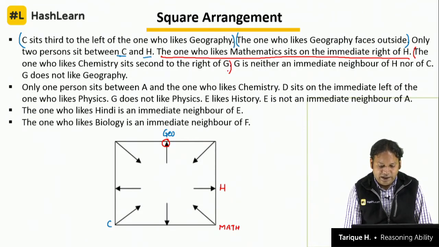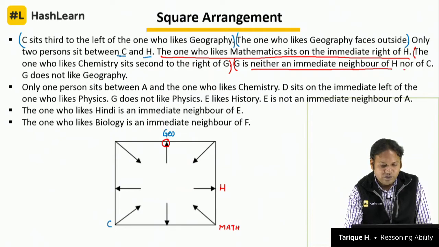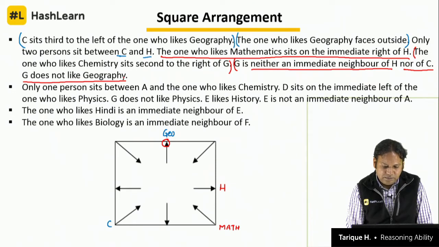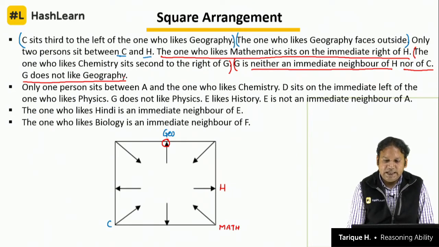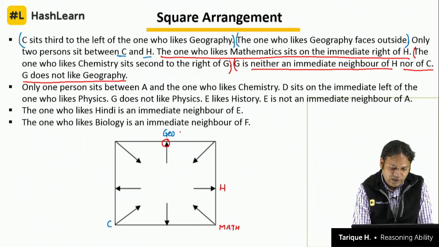G is neither an immediate neighbor of H nor of C. Also G does not like geography. That means where all G cannot come. The one who likes chemistry sits second right of G. First of all, we know that G is not here.